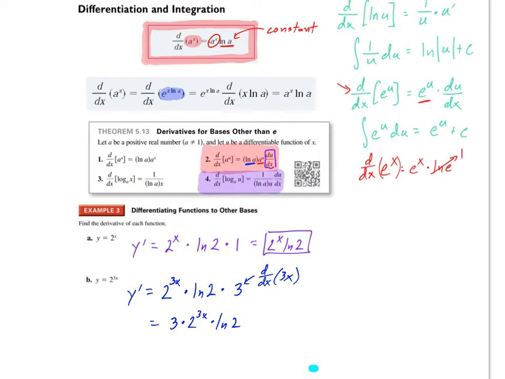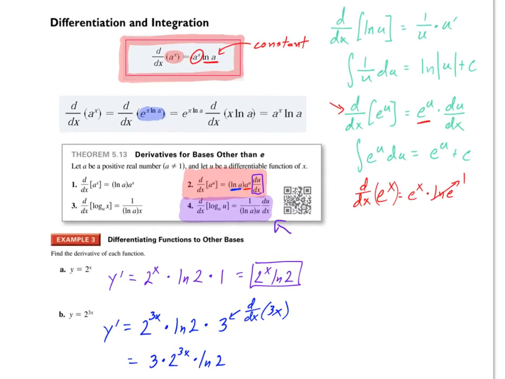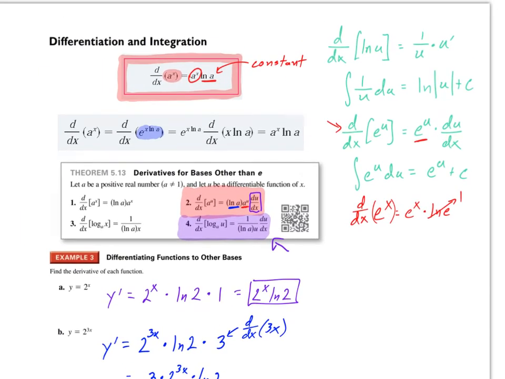On the next page, we're going to require property number 4 that I've highlighted here in the purple. So take a look at it now and maybe rewrite it on the next page. The derivative of the log with any base, not base e, so not ln, but base a. Compare that to the formula here at the top, the derivative of the natural log.